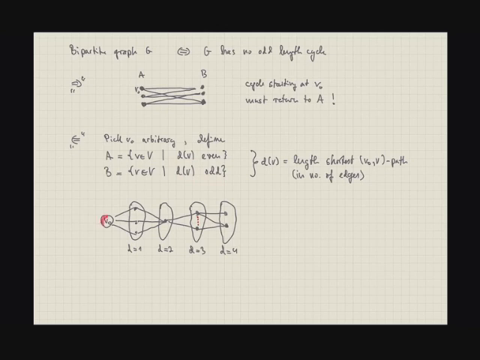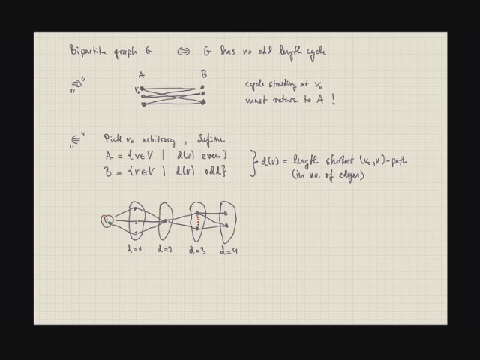We start with our start vertex v0, and then there is a set of vertices of distance 1 from that start vertex, which are the neighbors of the start vertex. Then there is a set of vertices which are neighbors of neighbors, but which are not connected directly to the start vertex, then neighbors of these neighbors, and so on. So in my picture, I have distances 1, 2, 3, and 4 from the start vertex v0.